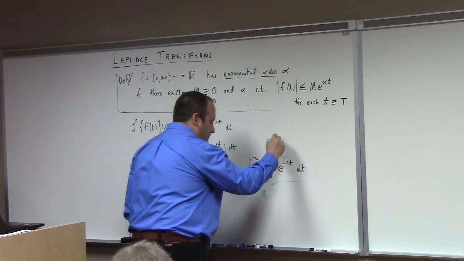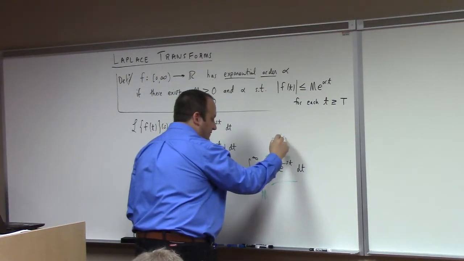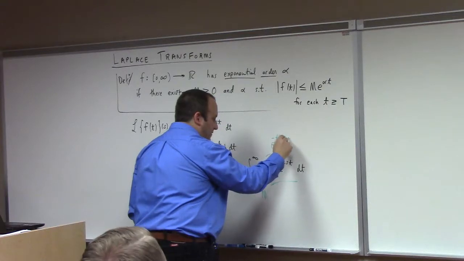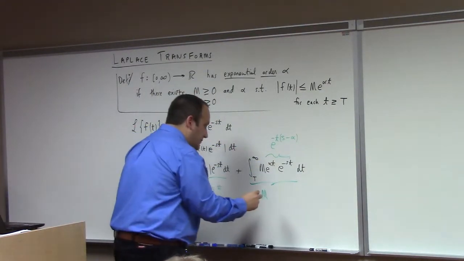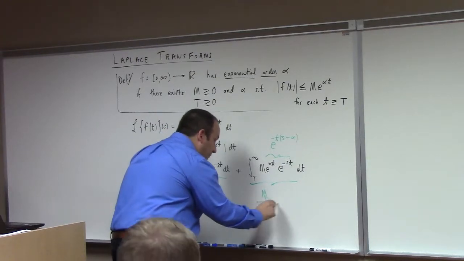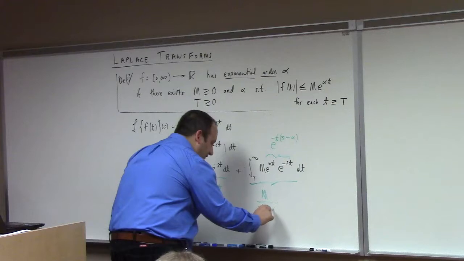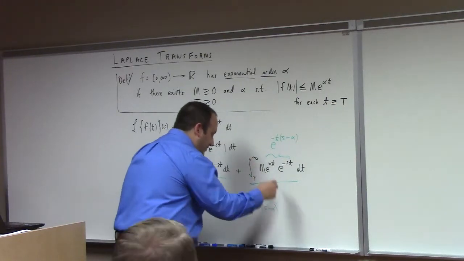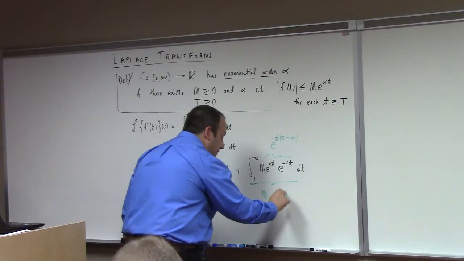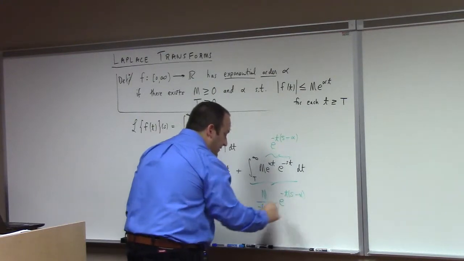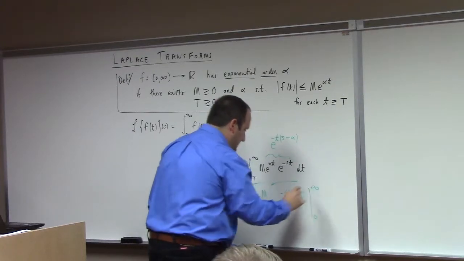This is e to the minus t times s minus alpha, if you like. Right? So that integrates to M over minus s minus alpha, and then e to the minus t times s minus alpha, right? Evaluated from 0 to infinity.